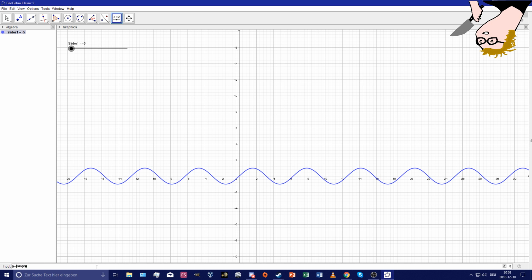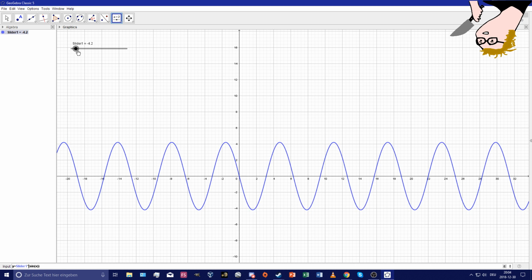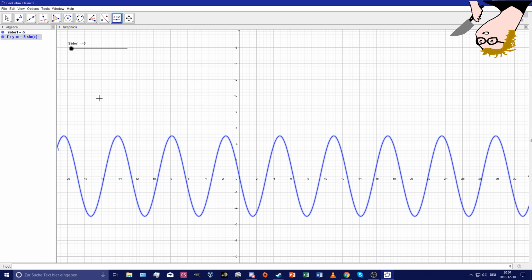However, I can multiply this with the output value of the slider. And now, since I can change the value of the slider, I can change the function on the fly. So I can use this to directly influence variables for the geometrical or analytical properties of whatever I'm doing.